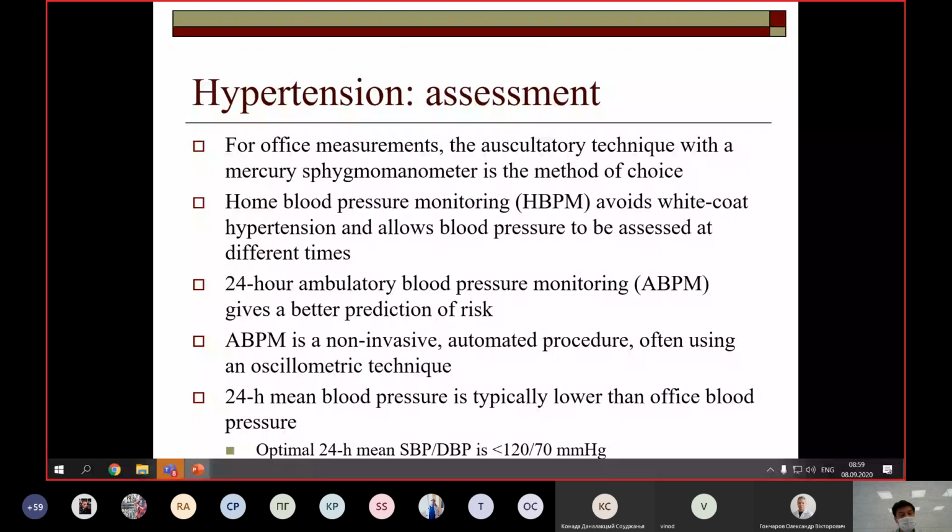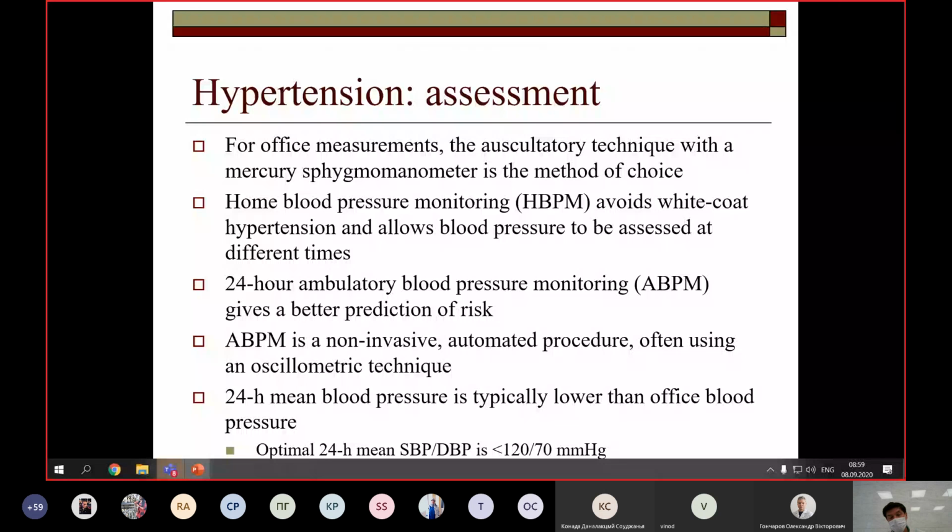So, hypertension assessment. Today we have some principles to verify the elevation of BP. For office measurements, the auscultatory technique is really important, and in routine it is usually used.